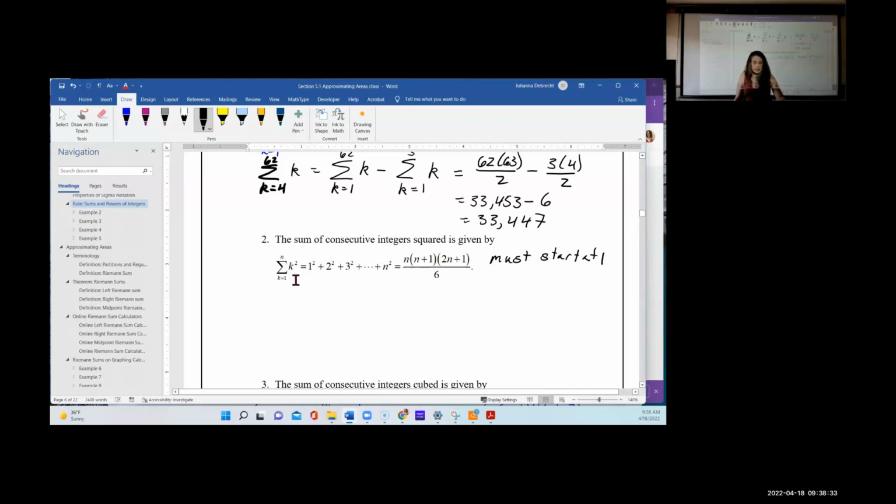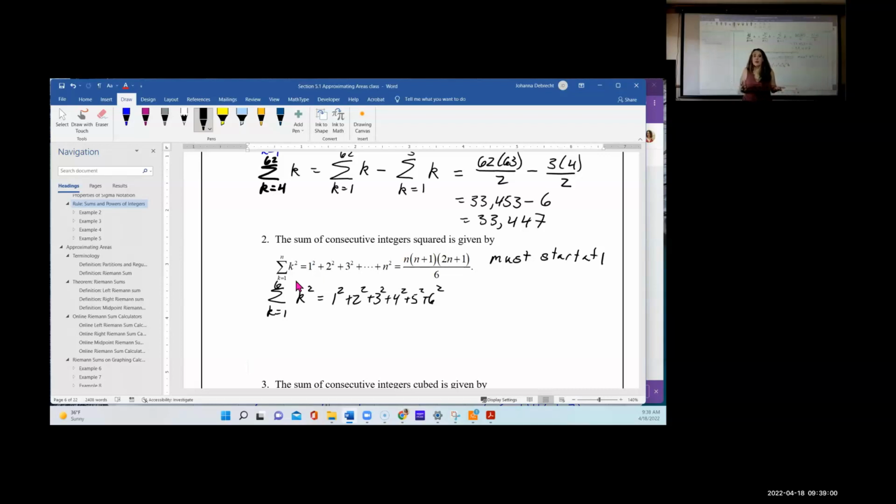And this is a slightly different formula. Let's say that we want to do the sum from k equal 1 to just 6 of k squared. Now, I could write this out. This is 1 squared plus 2 squared plus 3 squared plus 4 squared plus 5 squared plus 6 squared. That one's short enough. I could write it by hand if I wanted to.